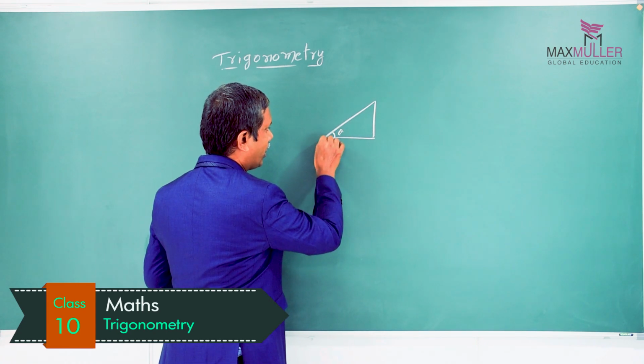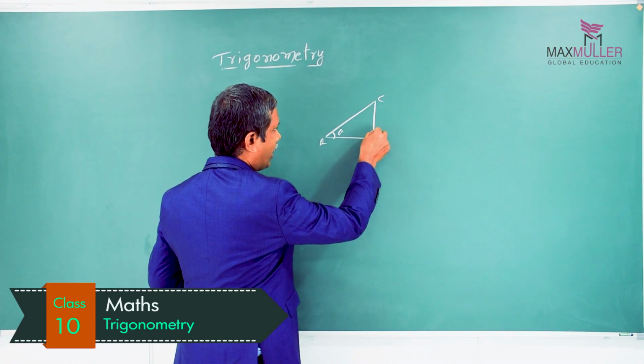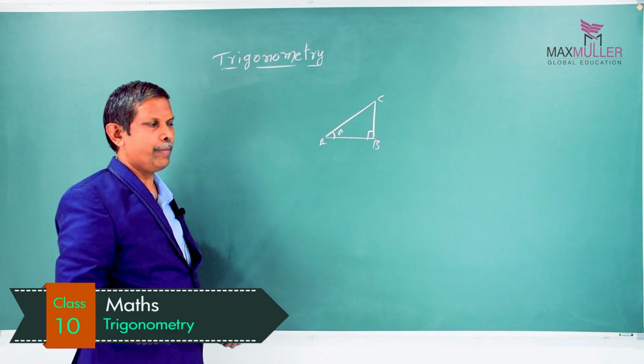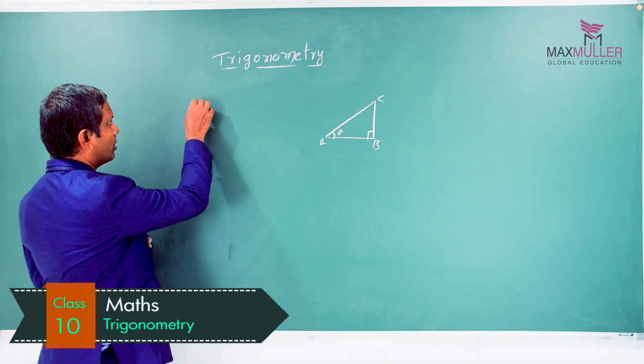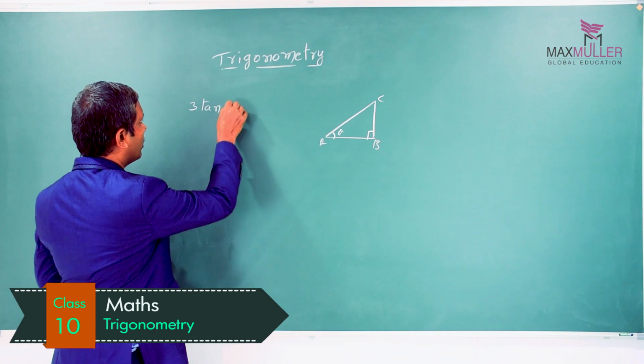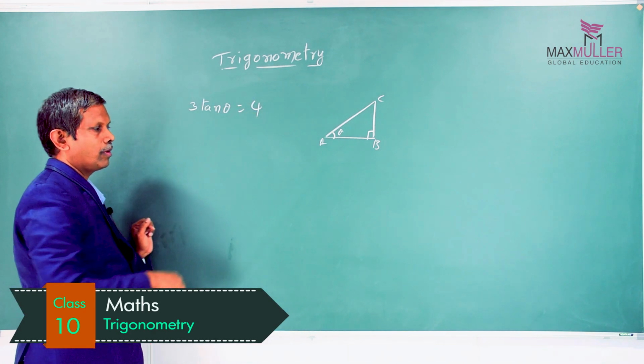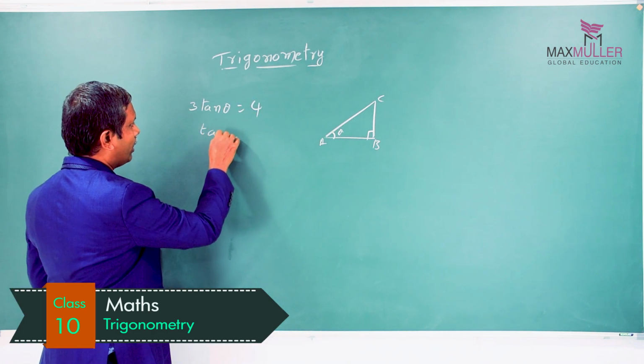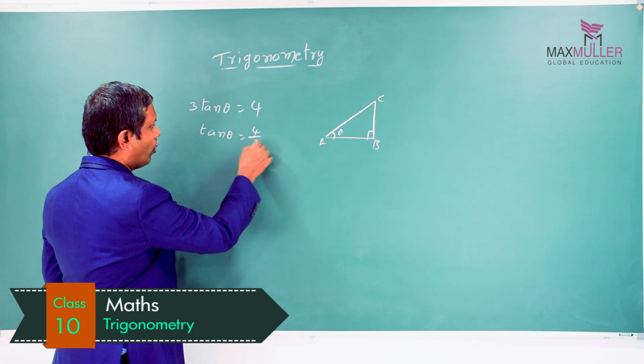Here this is theta and ABC is a right angle triangle, right angle at B. Suppose 3 tan theta is equal to 4. Now tan theta is equal to 4 by 3.